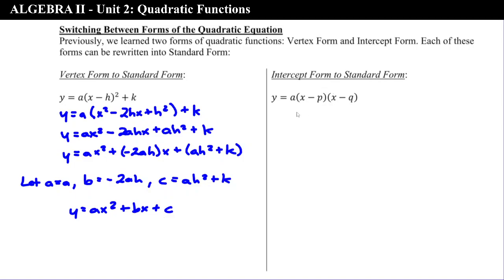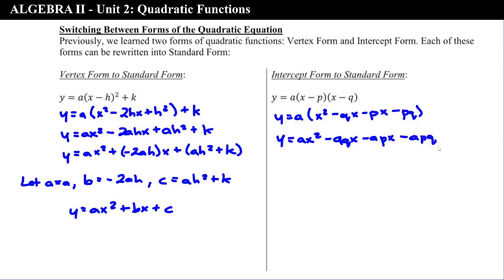We're going to do the same for intercept form to standard form. We'll start by multiplying out our two binomials. So that gives us x squared minus qx minus px minus pq. So the first, outer, inner, and last. Now I'm going to distribute the a. So we get ax squared minus aqx minus apx minus apq.